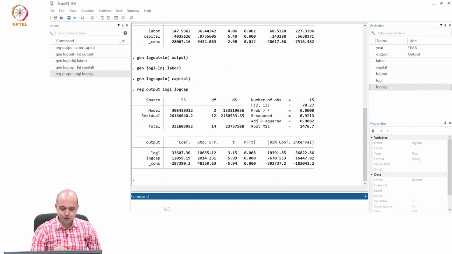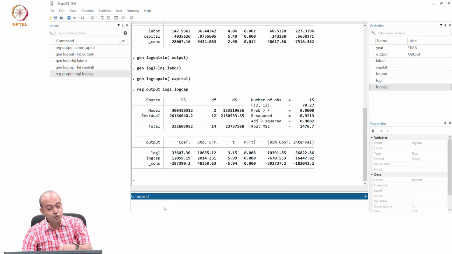So, same logic will apply. For 1% change in your labor, your expected value of y will change by the coefficient beta hat, 33607, divided by 100, that means it would become 336.07. That is the interpretation.